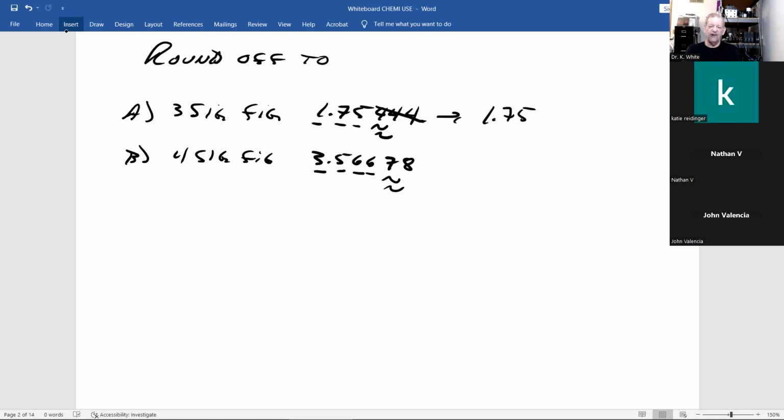And is that 4 or less or 5 or higher? And hopefully I'll pick 5 or higher. So I'm going to drop this and anything afterward and increase this in front of it by 1. So to 4 significant figures, that would be rounded off to that.